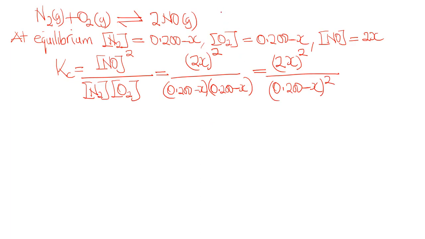But if we go up here, we know that Kc is equal to 0.10 at that temperature. So we'll say 2x squared divided by 0.200 minus x squared is equal to 0.10.